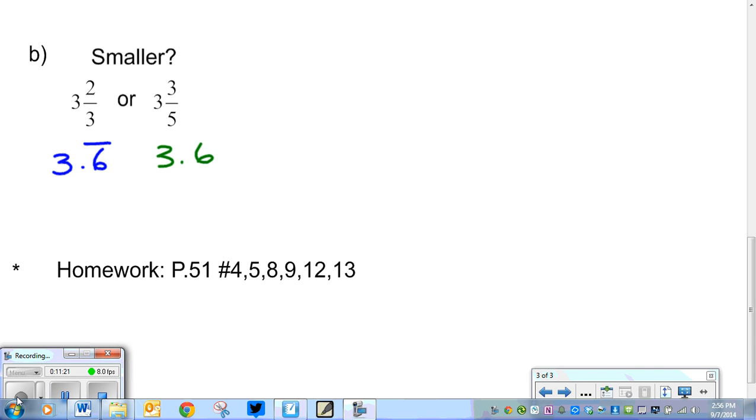So if we were thinking of this as money, this would be 66 cents, and 3 3/5 would be 60 cents. So now, which one is smaller? Well, $3.60 is less than $3.66. So 3 3/5 is the smaller value.